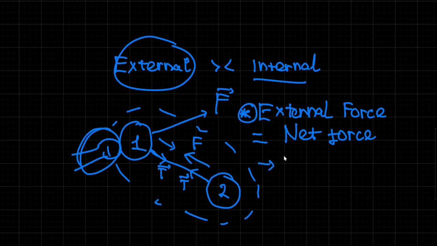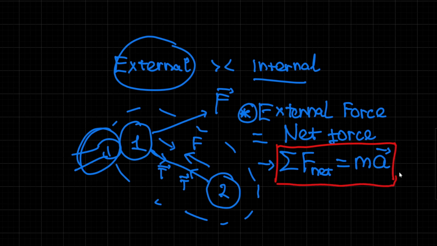And only the net force, F net, can be used in Newton's second law because the internal force cannot create acceleration for the whole body. It kind of makes sense, because if it could, then the body would act on its own. Then that wouldn't be quite logical, right? F net equals ma. So you really should notice this when solving problems. And yeah, that's all about Newton's second law.